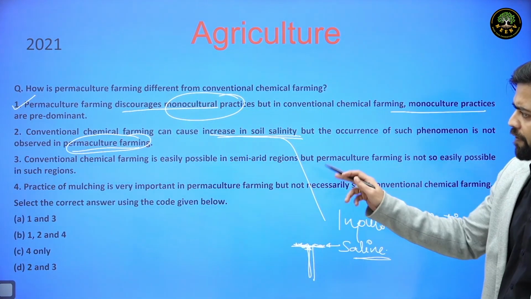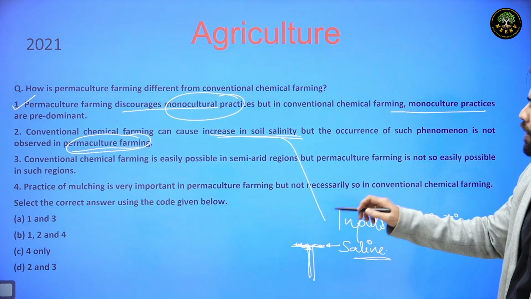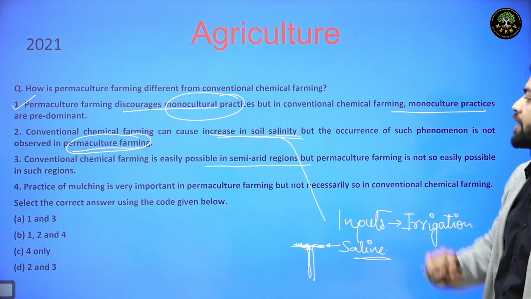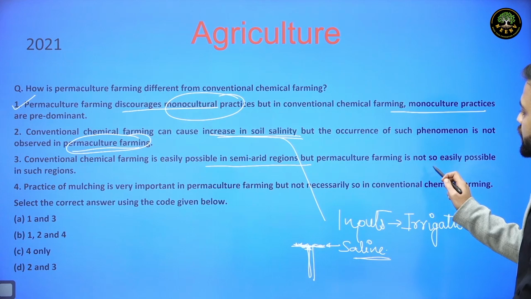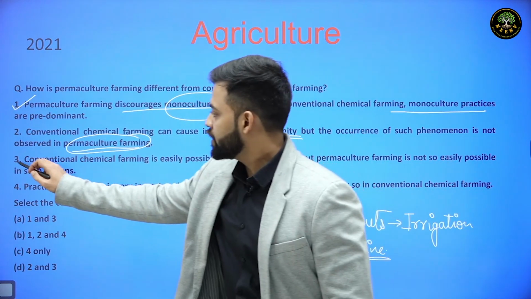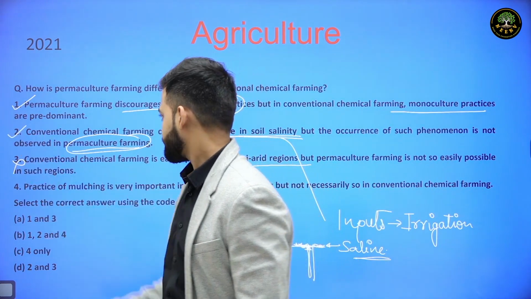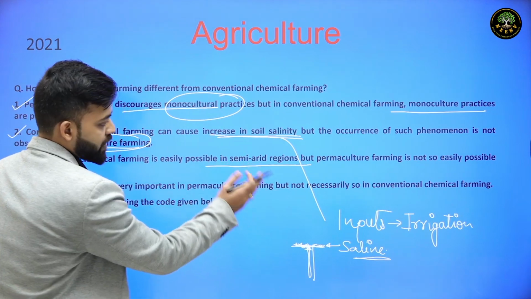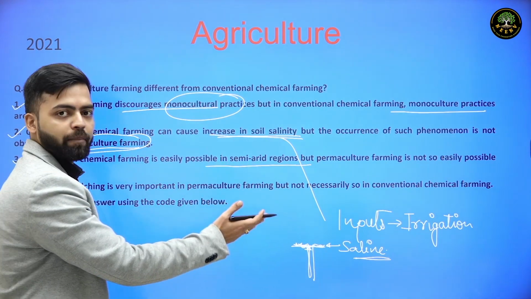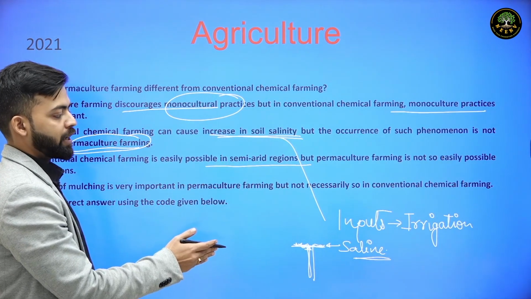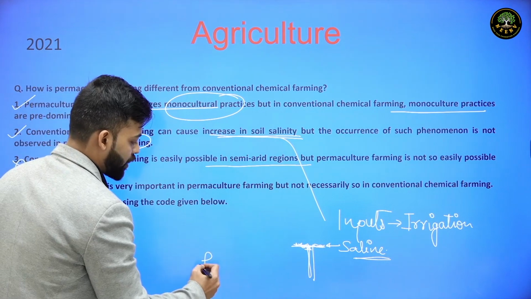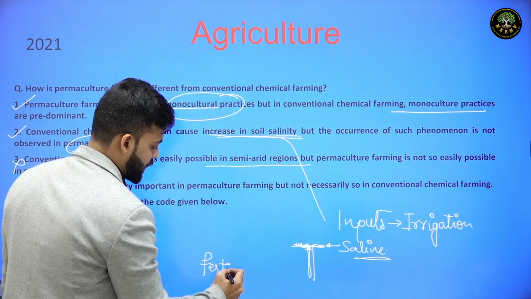Now, conventional chemical farming is easily possible in semi-arid regions, but permaculture is not so easily possible. This statement is incorrect. Why? Because since we are providing irrigation, the soils are becoming saline, and over a period of time they lose fertility.